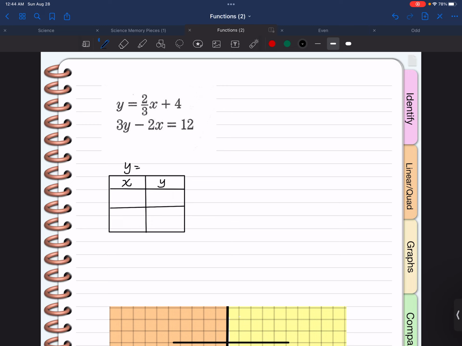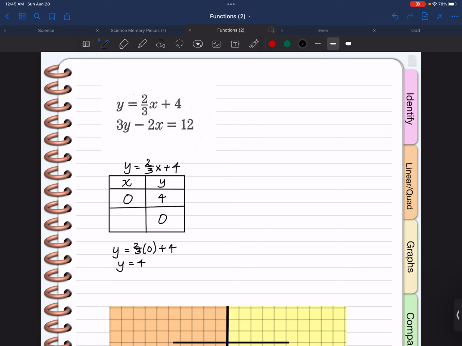And the first equation is y equals 2/3 x plus 4. I'm going to use my intercepts again. So let x be 0. So we have 2/3 of nothing. You get your y-intercept. So y is 4.